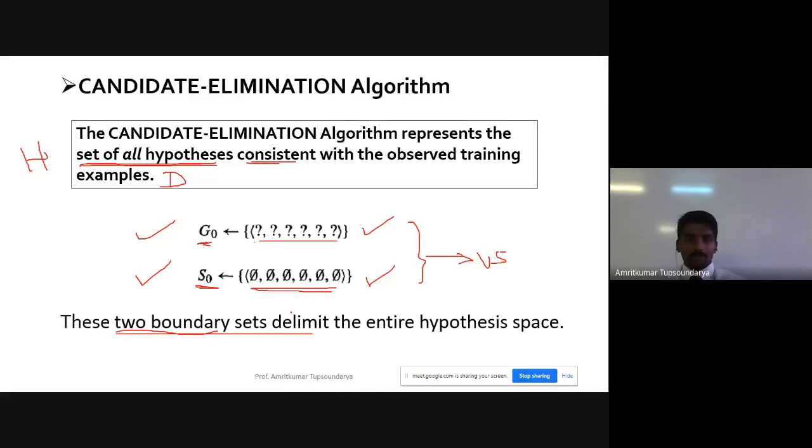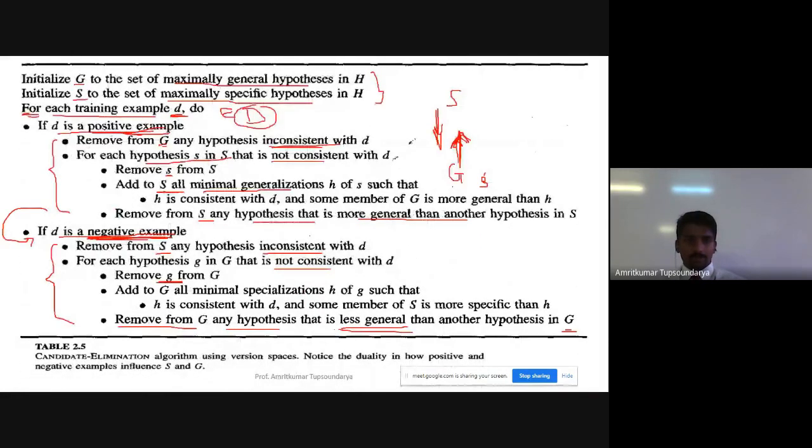Now, once we initialize, right, when we encounter a positive training example, we go ahead and relax, or find a less specific hypothesis and a more general hypothesis, by removing the general hypotheses which are inconsistent, and also adding specific hypotheses which are minimal generalizations, right?